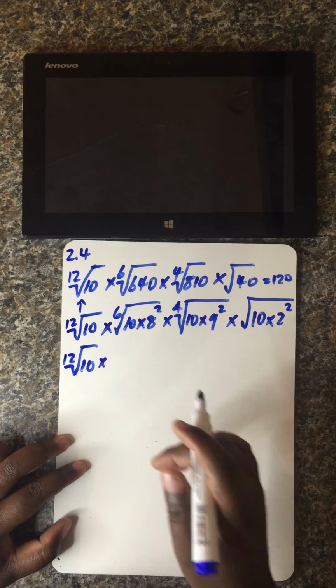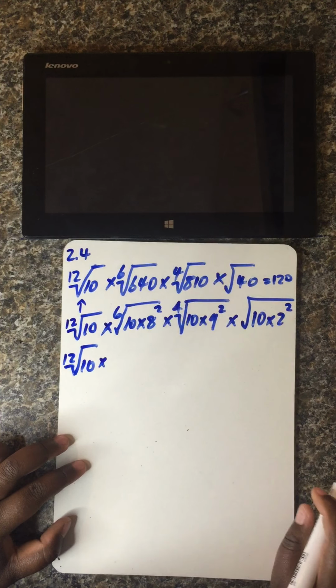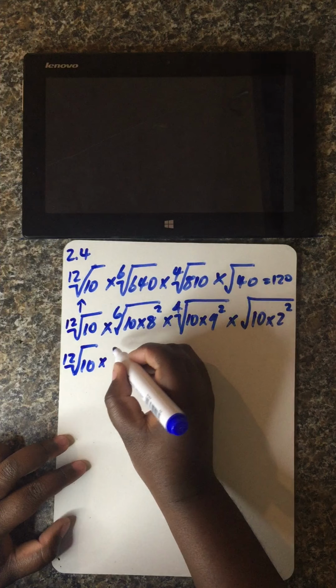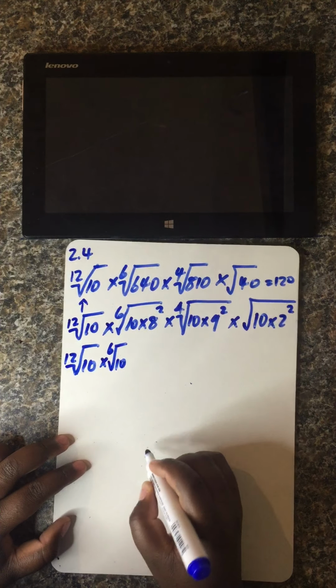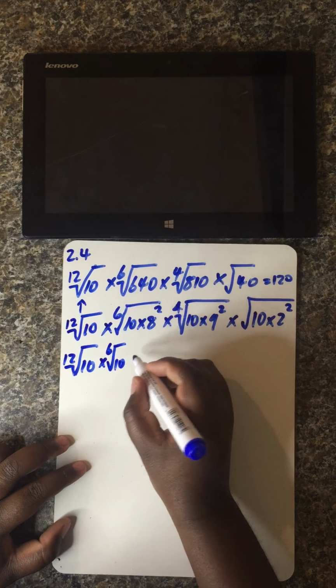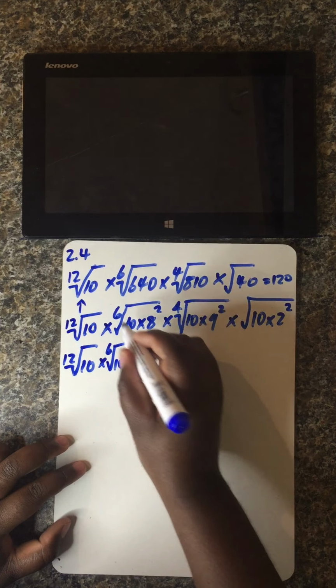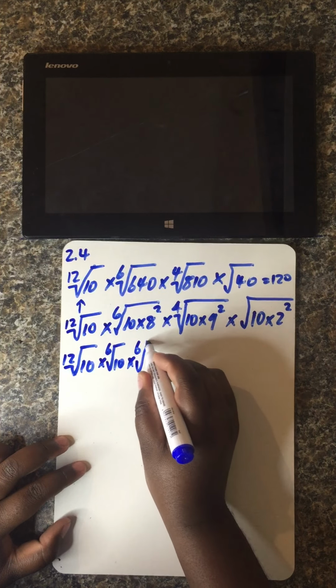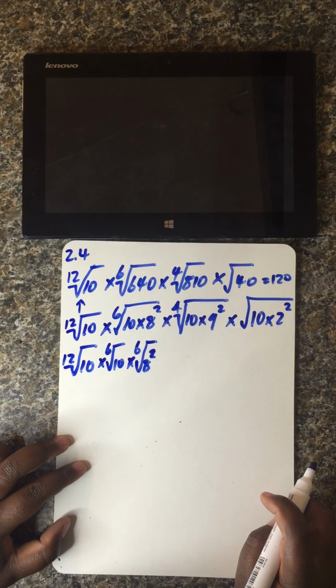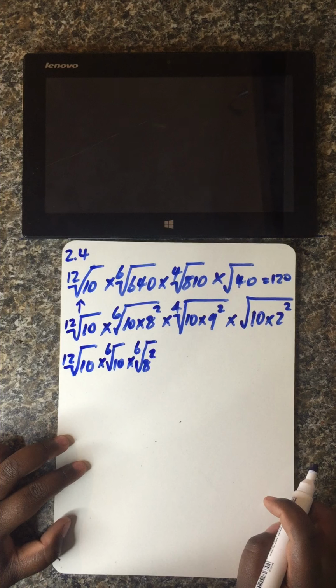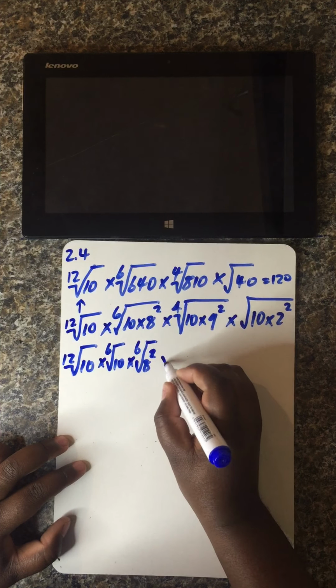You remember I've explained that, for example, this thing is the same as 6 square root of 10. You multiply the same 6, then it's square root of 8 squared. Ladies and gentlemen, very, very much important. So now you multiply.